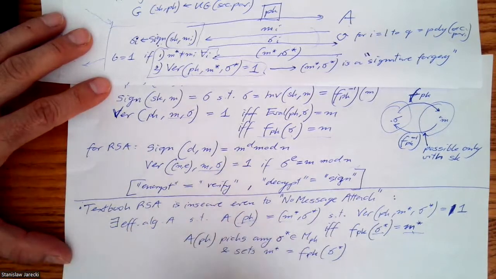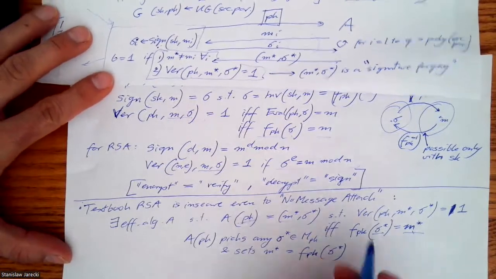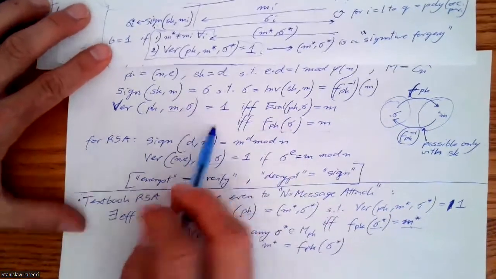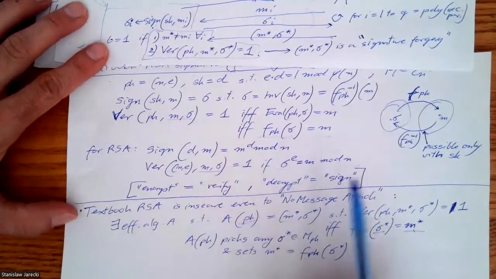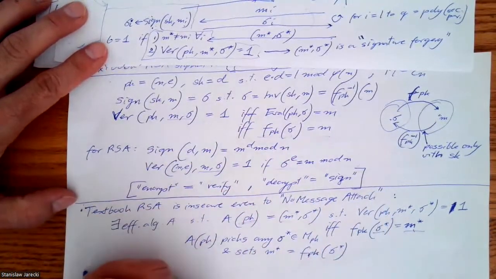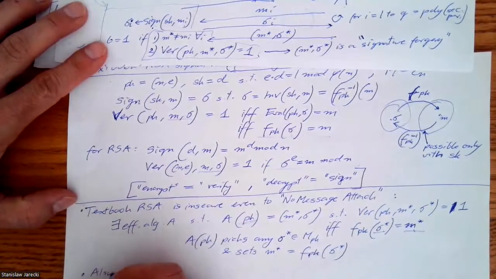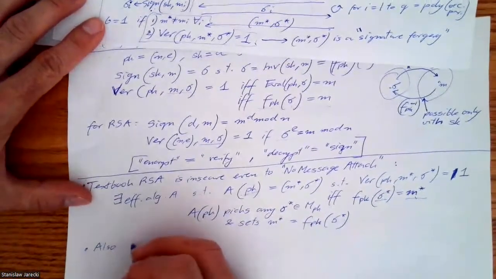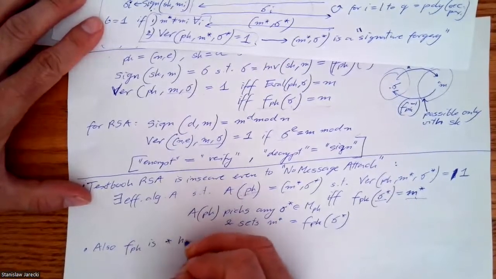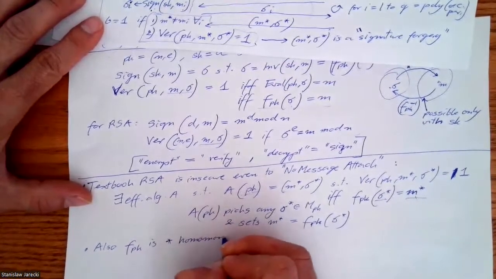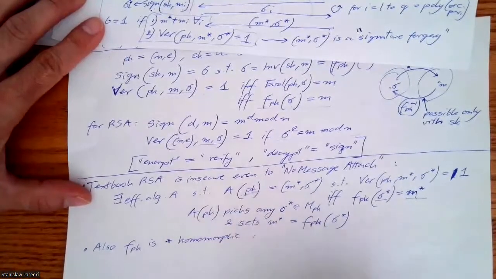It's insecure for other reasons than this. In particular, this function is homomorphic. So another reason is that F_PK is multiplicatively homomorphic. What does it mean?